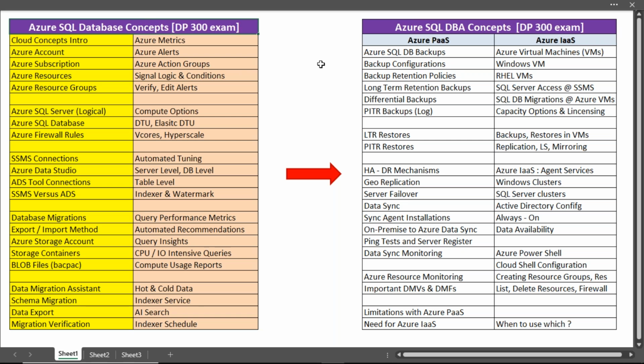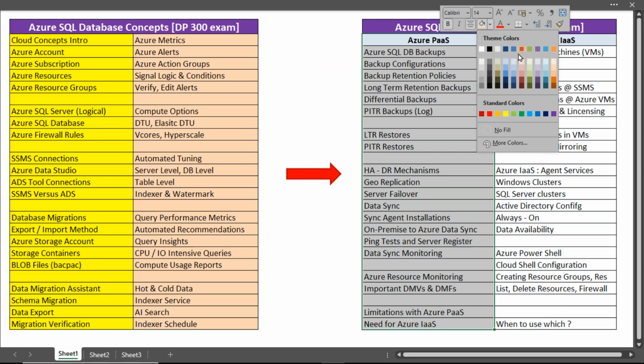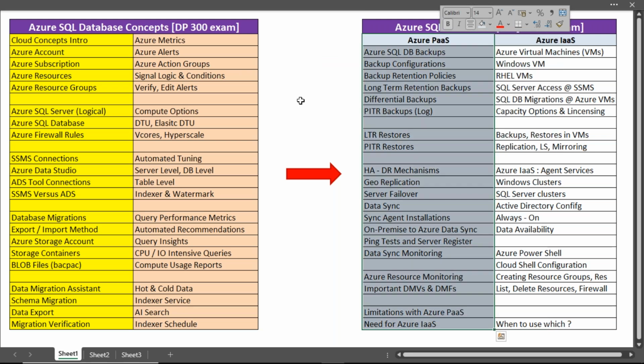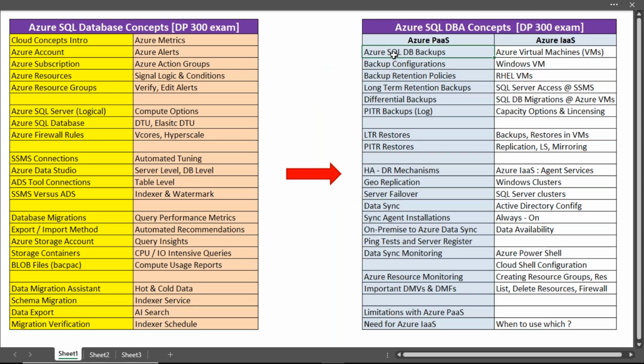The DP-300 latest updated certification pattern includes Azure PaaS concepts, PaaS management, backups, configurations, restores, HADR activities, monitoring, limitations, and the need for Azure IaaS.